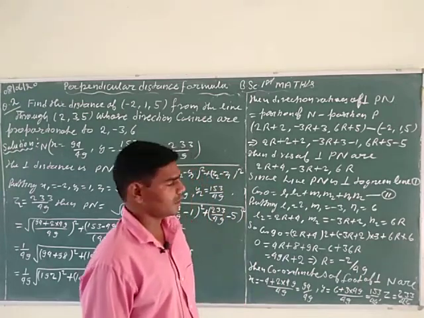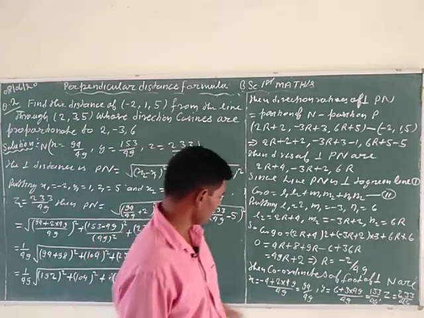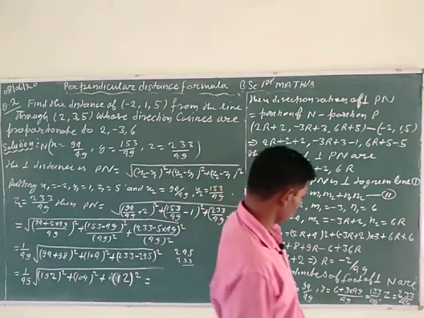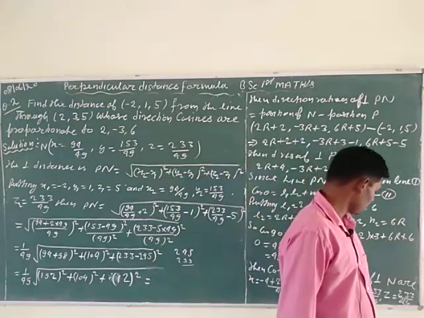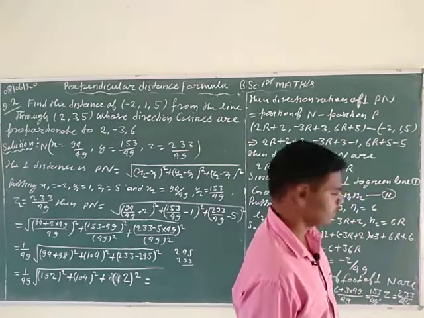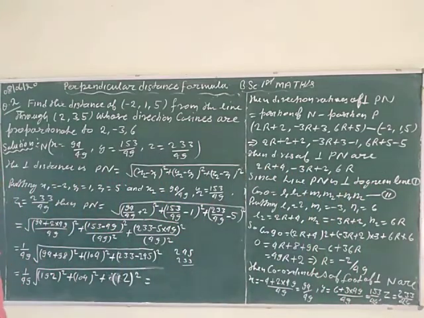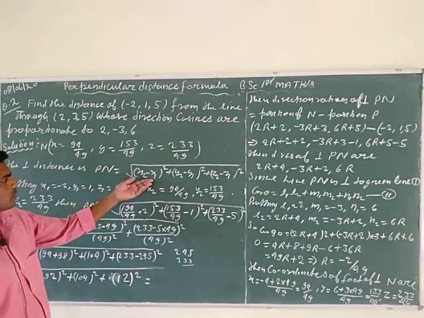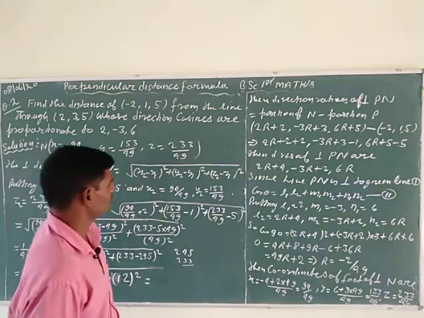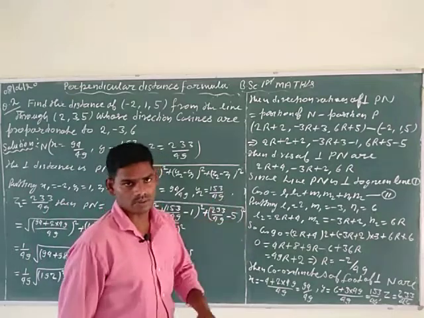After calculating the coordinates of N, the coordinates of N came out as 94/49, 153/49 and 233/49. After this, putting the values of capital N and capital P in the distance formula, x2 minus x1 whole square plus y2 minus y1 whole square plus z2 minus z1 whole square.